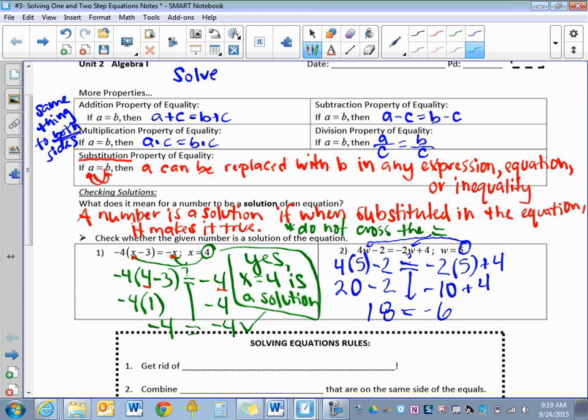Do these equal? No, they are not equal. So we know 5 did not make this statement true. It did not give us an equal statement there. So we know that this is not a solution. So no, W equals 5 is not a solution.